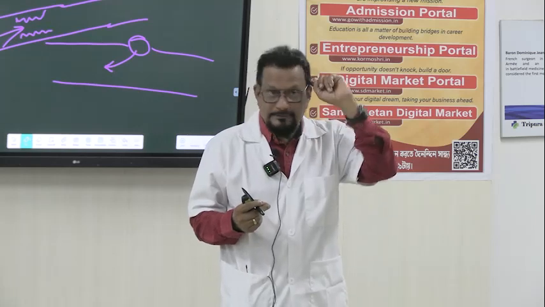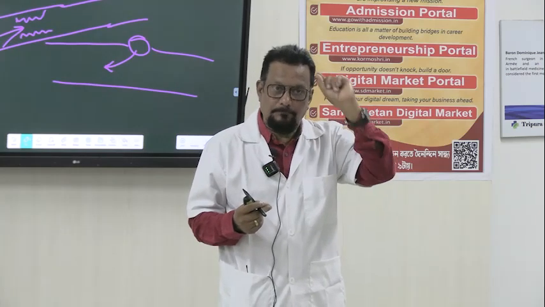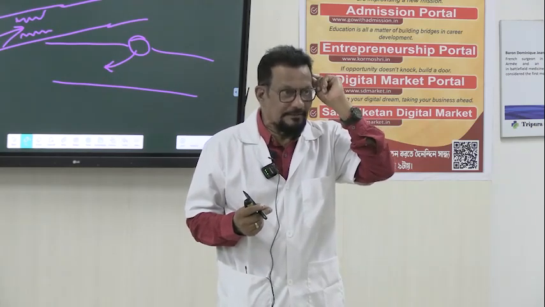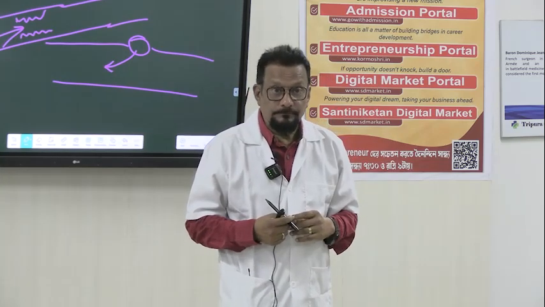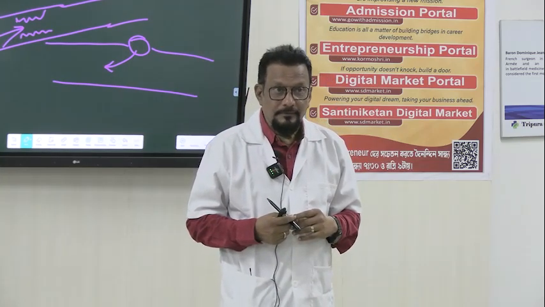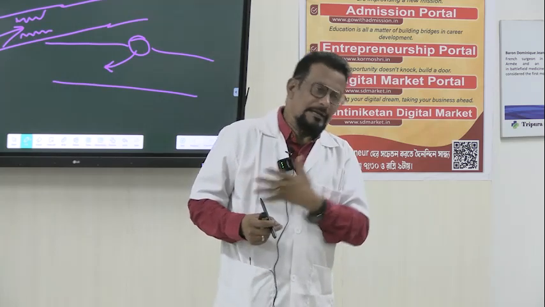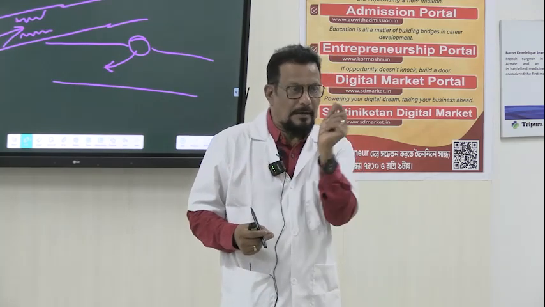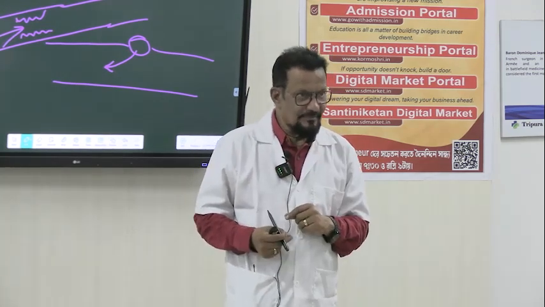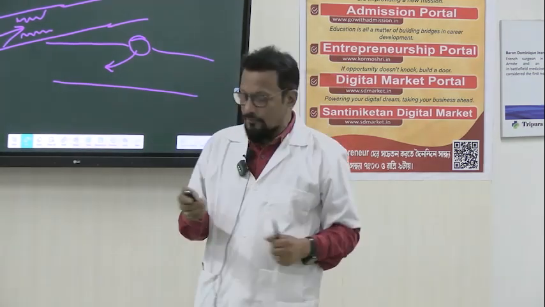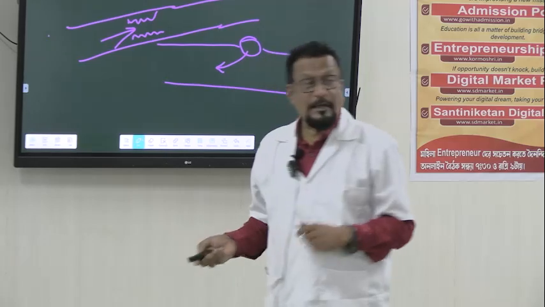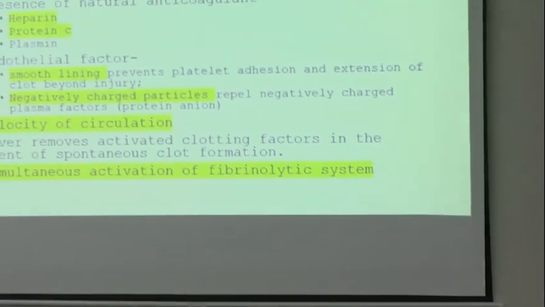So it may block some blood vessels of cerebral circulation and cause stroke. Similarly, it may cause obstruction of pulmonary blood vessels. So it may affect any part of our body. That's why normally the clot has to be fibrinolyzed.